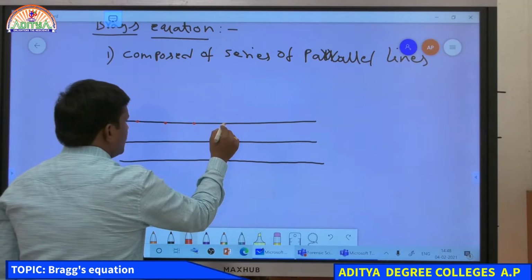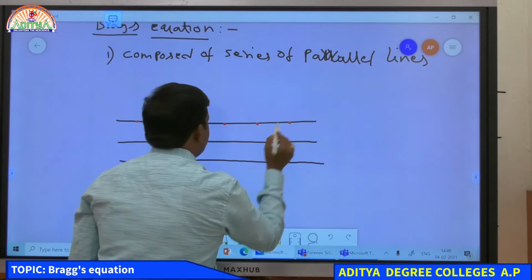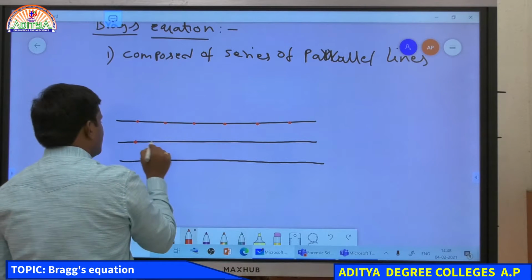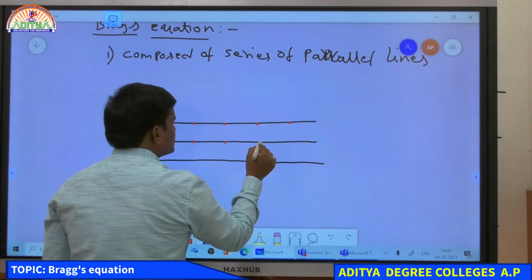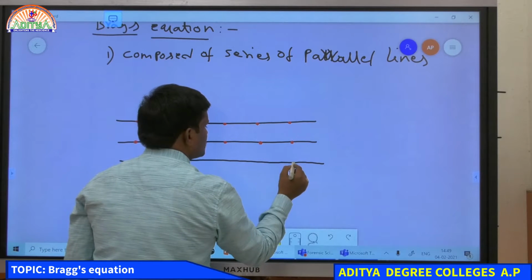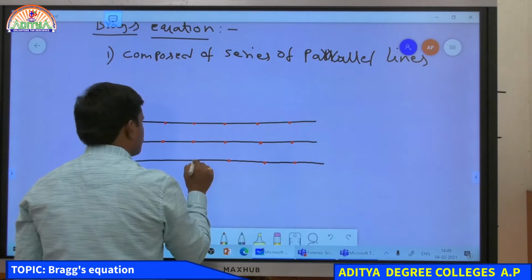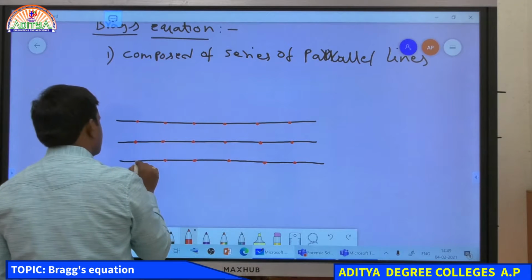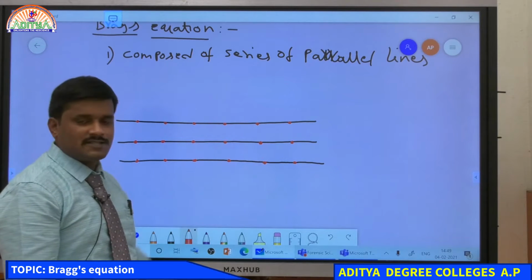It means in a crystal all the atoms are arranged in a regular manner, all present at equal distances. So these are the atoms present in the layers of a crystal.